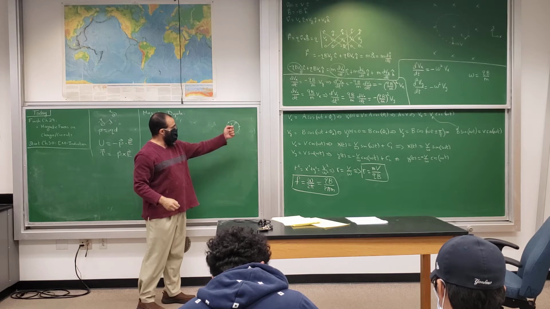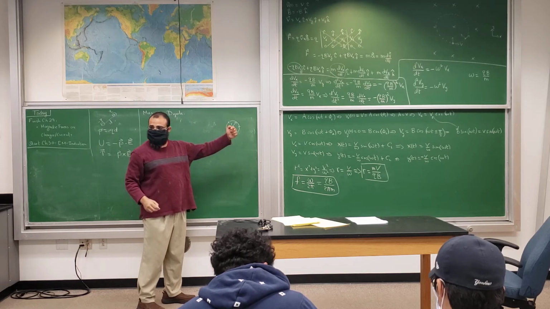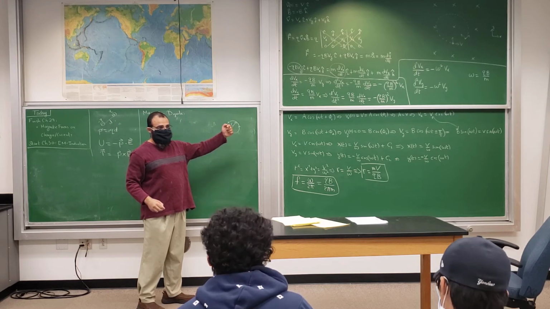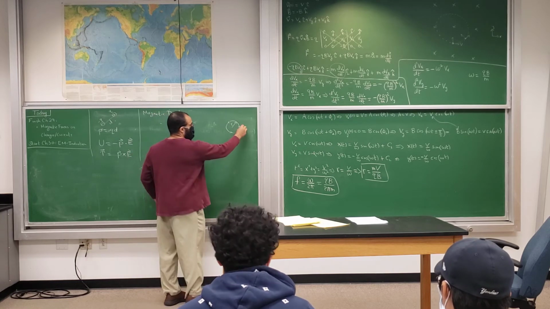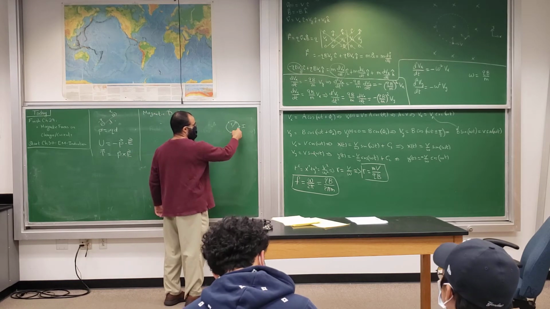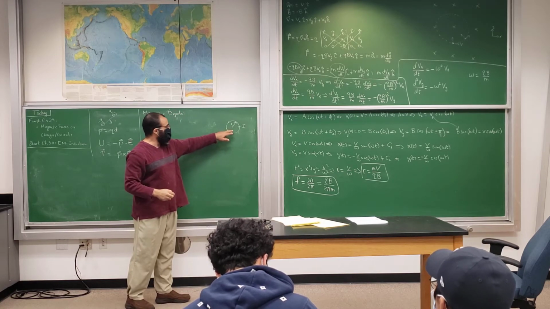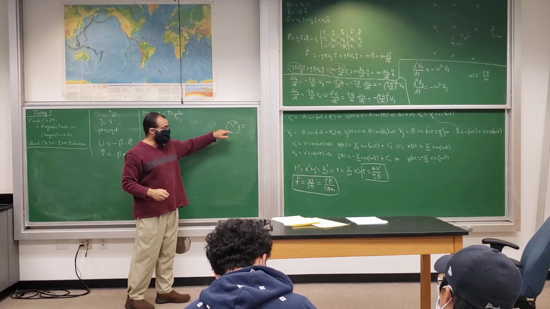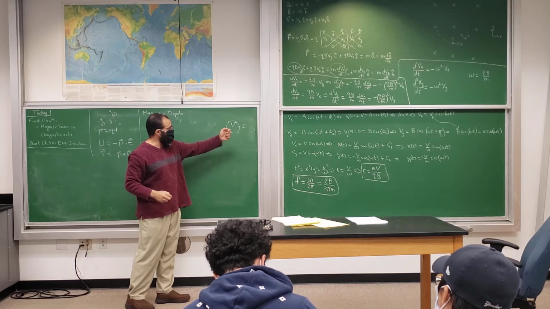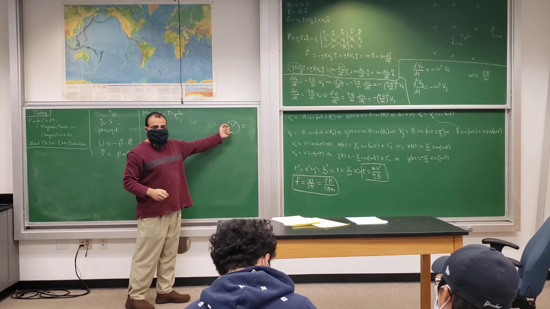There will be a magnetic field in this direction on the axis of the loop. If there's a current like this on this loop, there will be a magnetic field this way, and we associate a dipole moment with it.